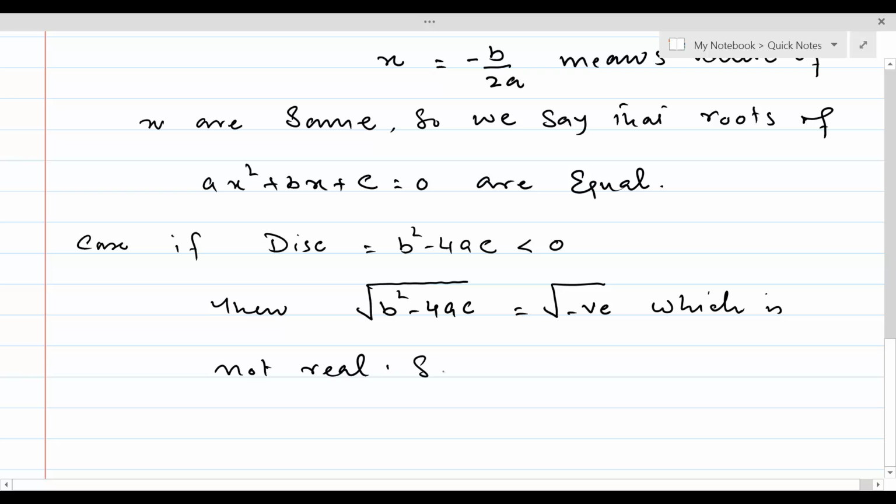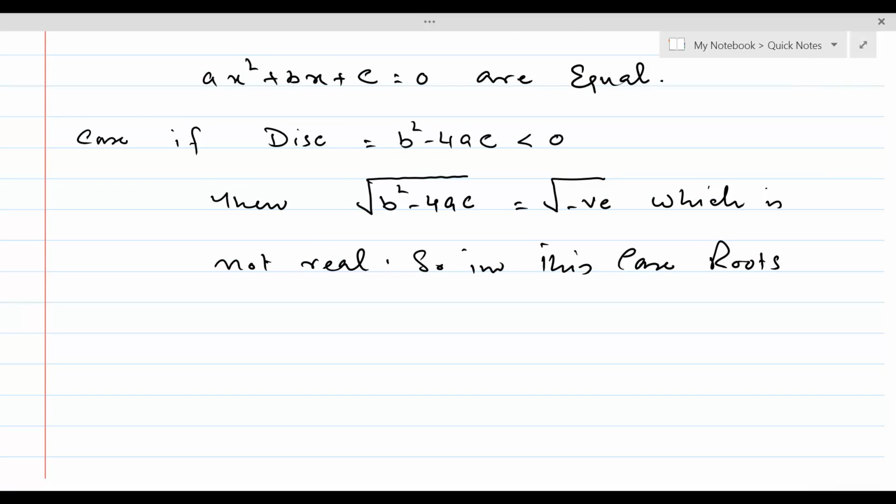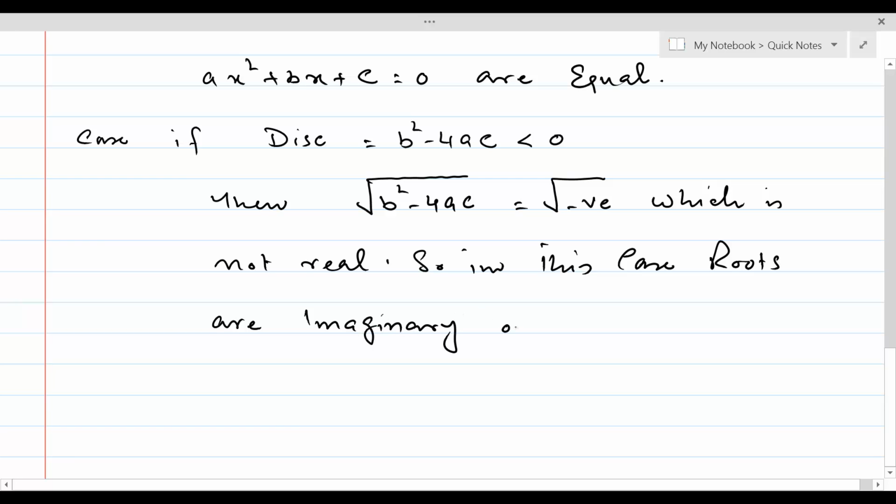So in this case roots are not real. Rather we say roots are imaginary or complex.